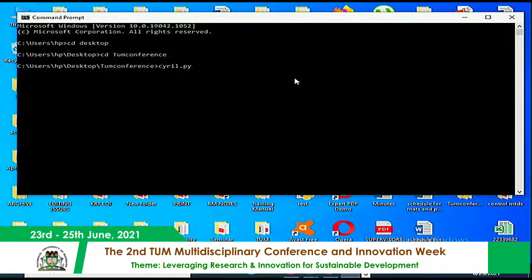The codes are saved on this desktop as serial in a Python file, .py. I'm just recalling it. So if I click on enter, it will prompt you to key in.